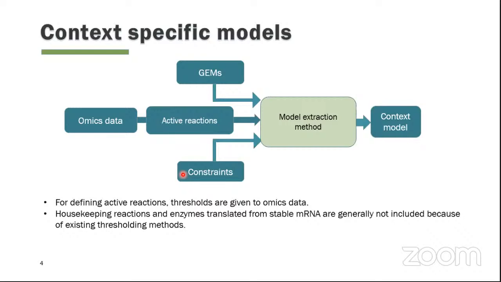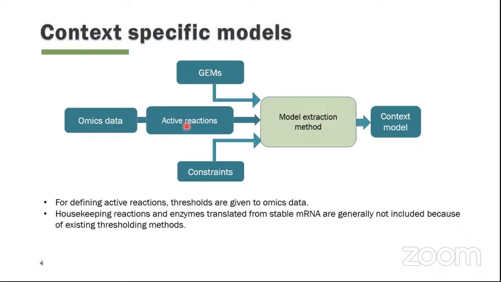And almost all algorithms require some reactions to be defined as active reactions or context relevant reactions. Some algorithms ask for scores, some ask for core reactions. The way of asking for active reactions depends on the algorithm, but almost all algorithms ask for them.